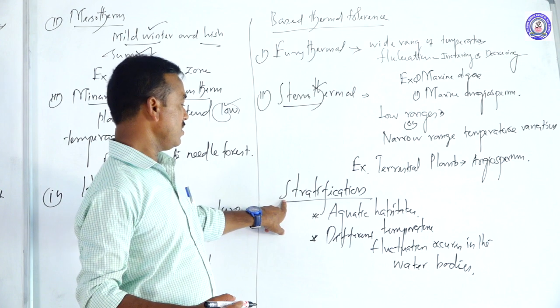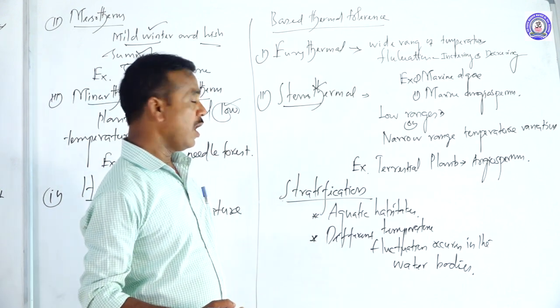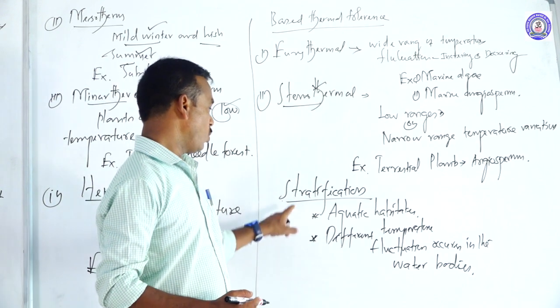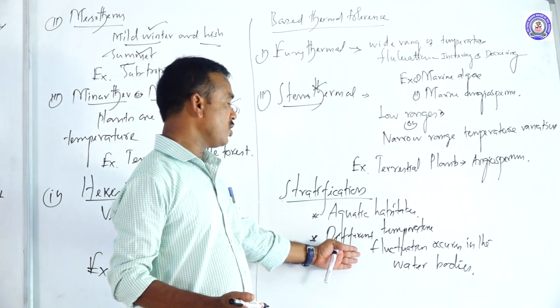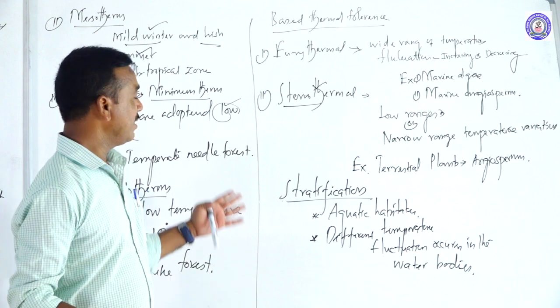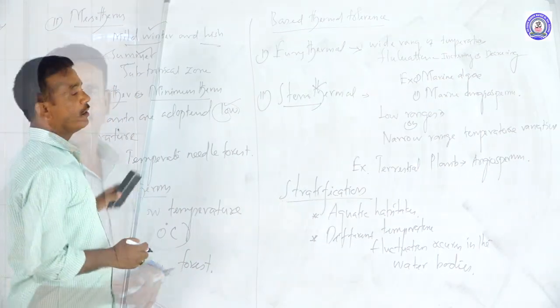So stratification occurs in general in aquatic habitats. What is the meaning of stratification? Different temperature fluctuations occur in the water bodies. That is commonly called stratification.